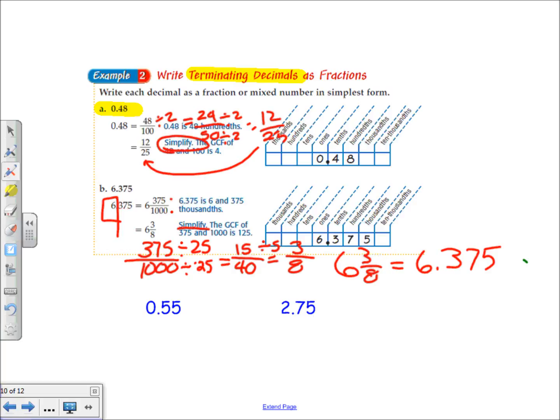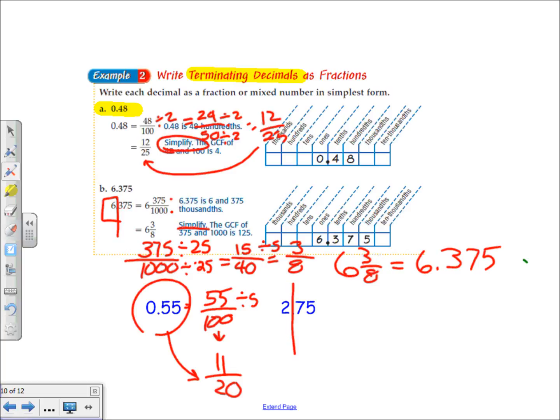Let's try a couple more. 0.55 or 55 for the numerator, 100. That's easy. However, simplifying is a little more complicated. Divide both of them by 5. 5 into 55 is 11. 5 into 100 is 20. 11 20ths. This, simplified as a fraction, is 11 20ths. 2.75.